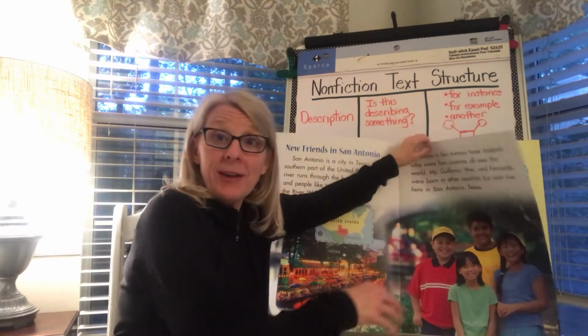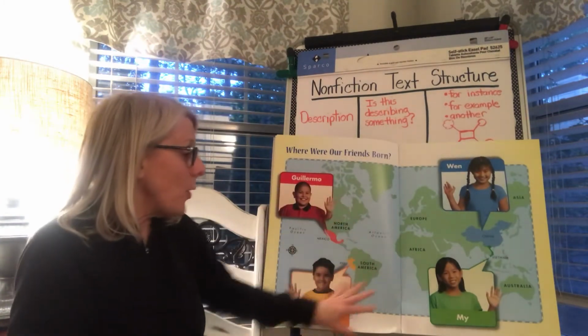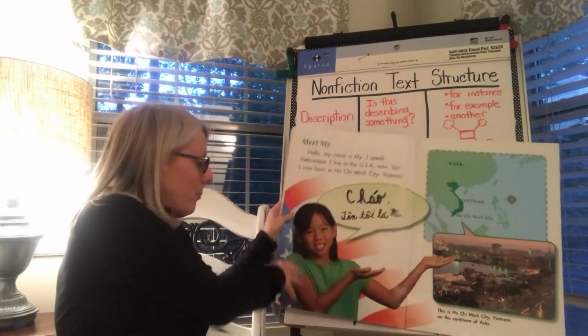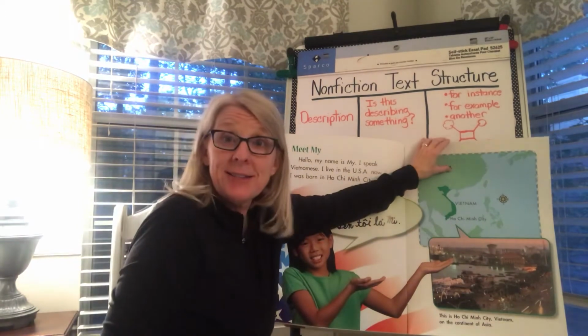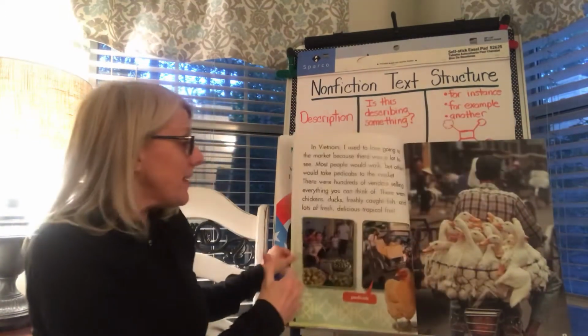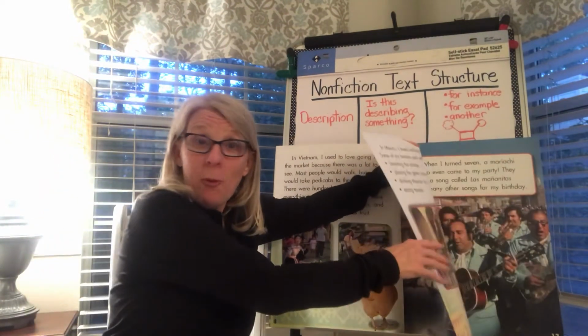Now the whole book is comparing and contrasting. So they start out showing where they all are from, and then throughout the book, each one of the kids compares and contrasts. They tell about their city, and then they talk about how it's different from the student before.